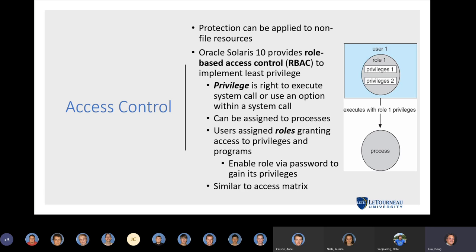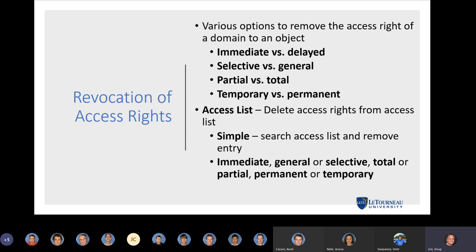Solaris used a technique called role-based access control to implement these privilege assignments in the best way, with that fine granularity to allow us to limit a process to the absolute minimum access, only the things that they need. So that is Solaris's solution to that.